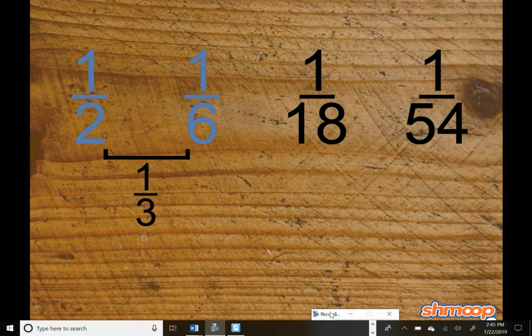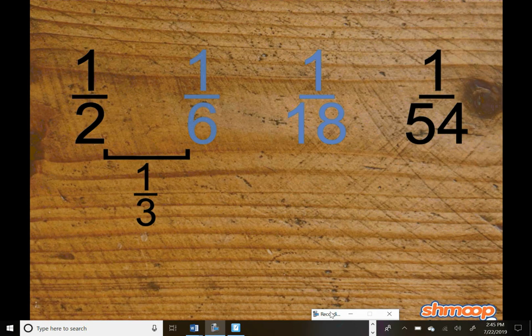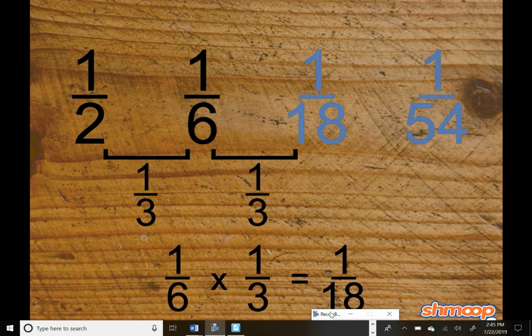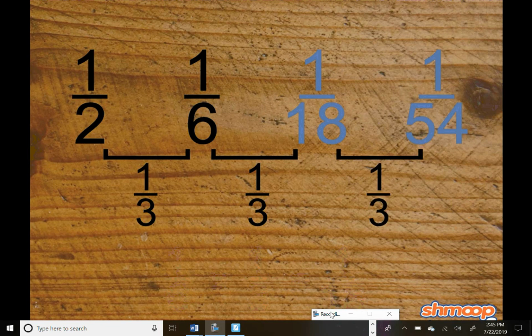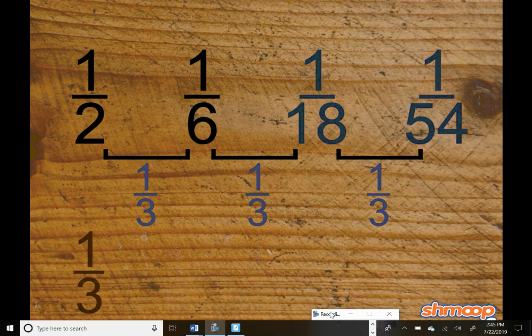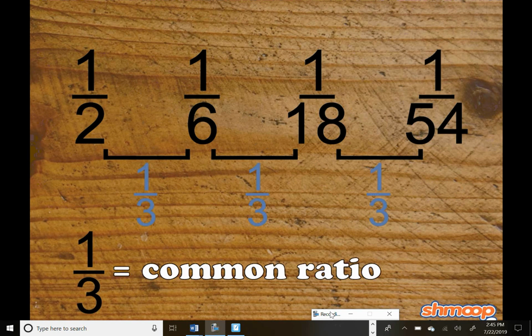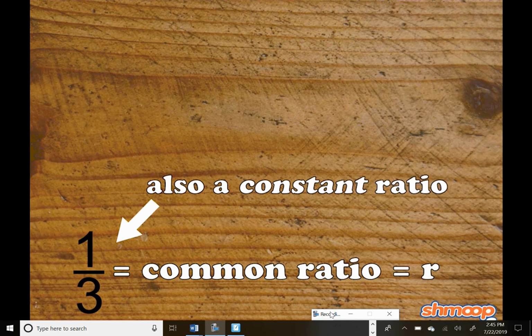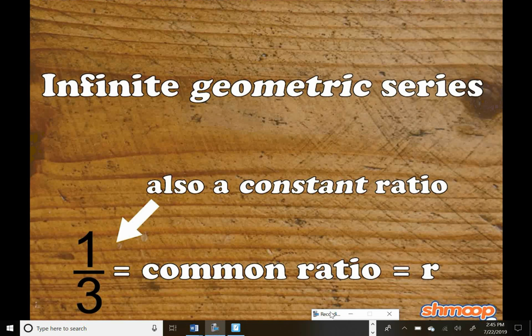Between 1/6 and 1/18, we have the same ratio of 1/3. That is, we multiply the first by 1/3 and we get the second. Between 1/18 and 1/54, yeah, same ratio, the third. We can call this number 1/3 the common ratio, or R, of the series. Because the terms of the series are separated by a constant ratio, we can describe the series even more specifically as an infinite geometric series.